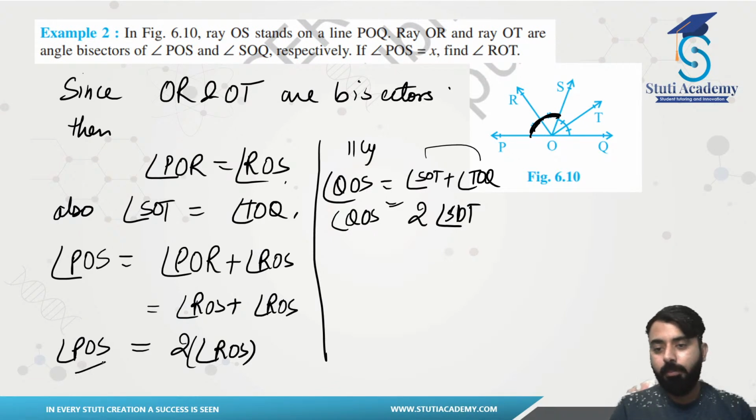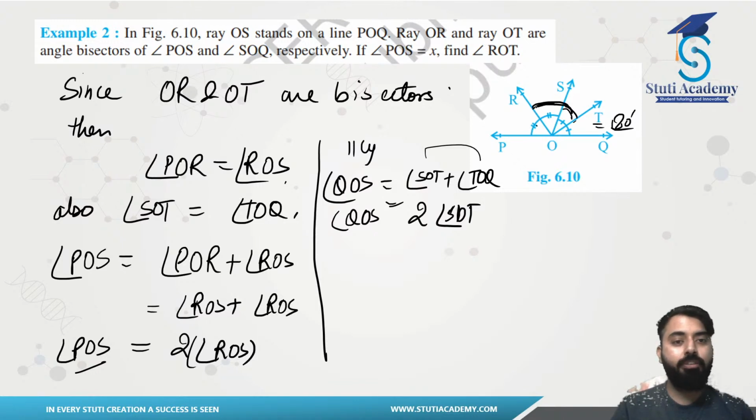Remember, angle POS and angle QOS, the sum of these two angles will act as a linear pair, and their sum will be 180. And I know angle POS is twice of this one, and angle SOQ is twice of SOT.